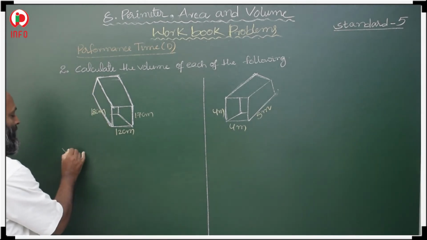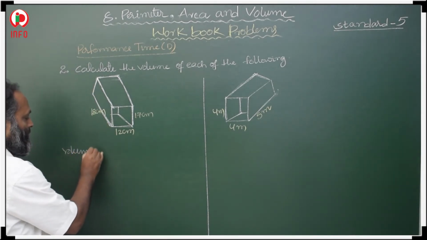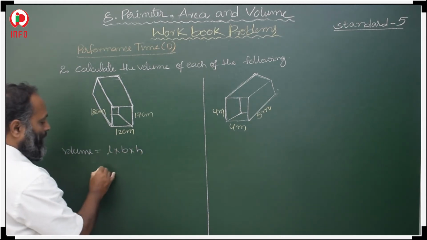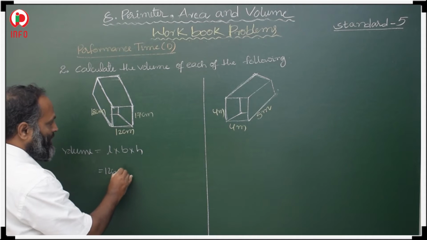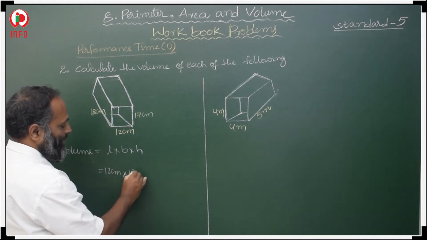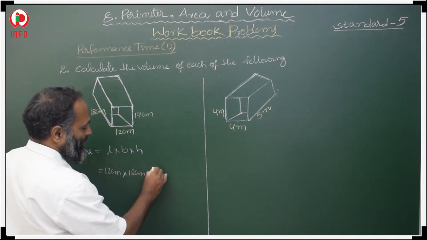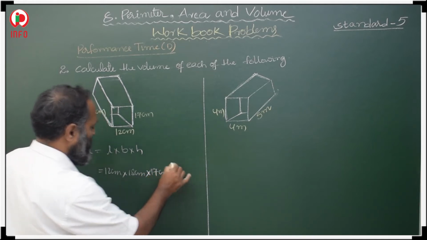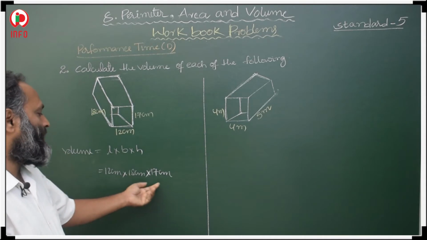Volume is equal to length into breadth into height. Here length is 12 centimeters, breadth is 18 centimeters, and height is 17 centimeters.